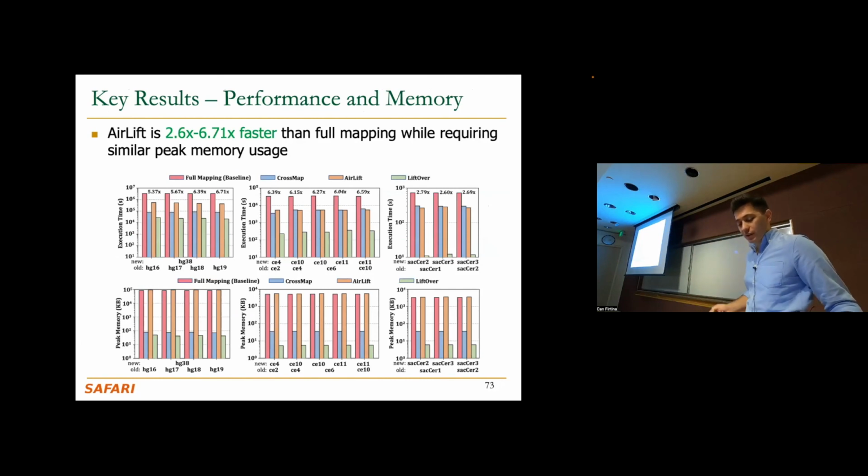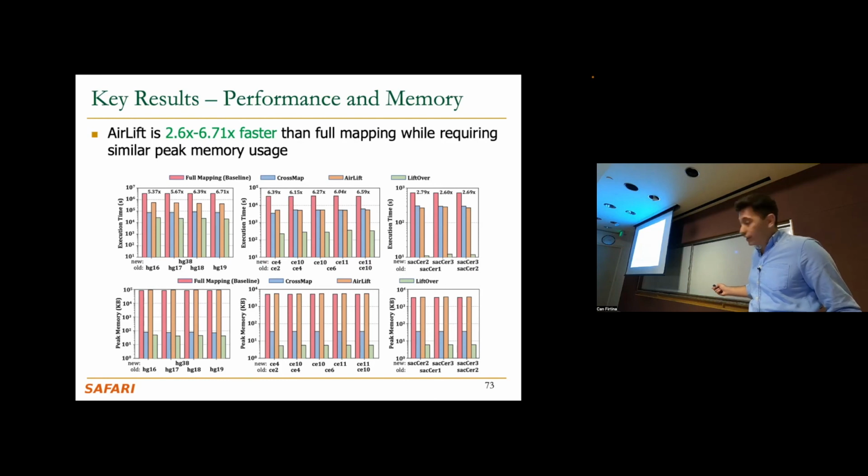So these are the key results: execution time and memory usage. As you may expect, AirLift, our tool, is much faster than the full mapping, of course, and also faster than other related works, CrossMap and LiftOver. These simply move the annotations, the positions, between reference genomes. Sorry, let me restate that.